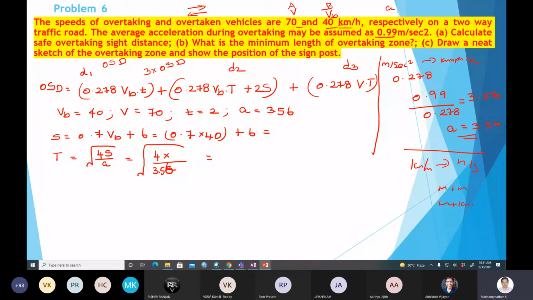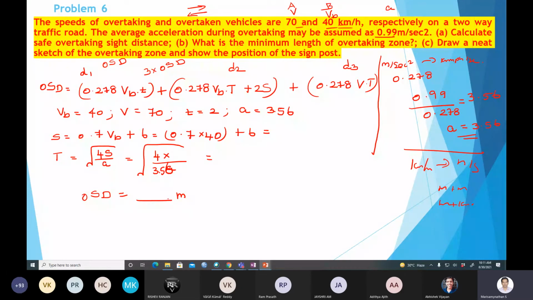Now you have all the values, and applying them, you come to know the overall overtaking sight distance, which you will get as a value in meters.